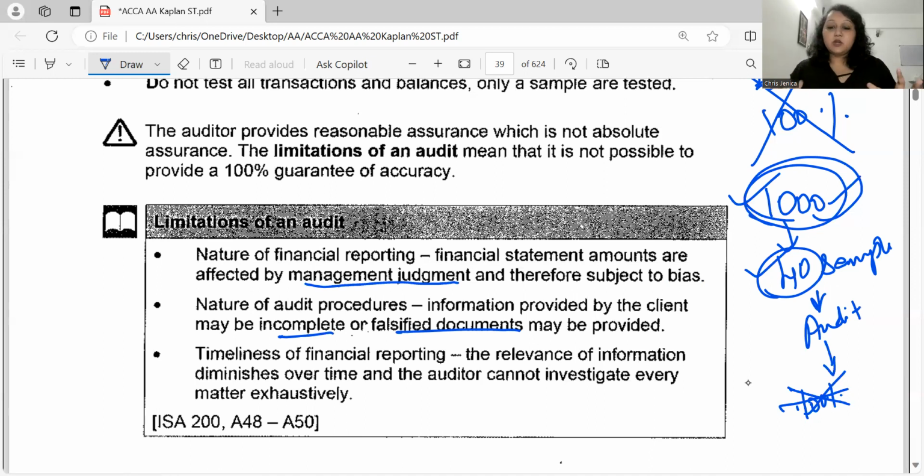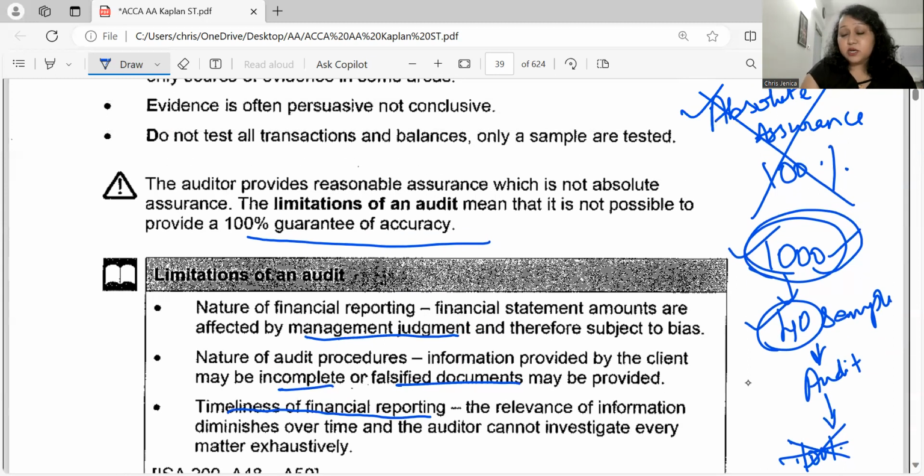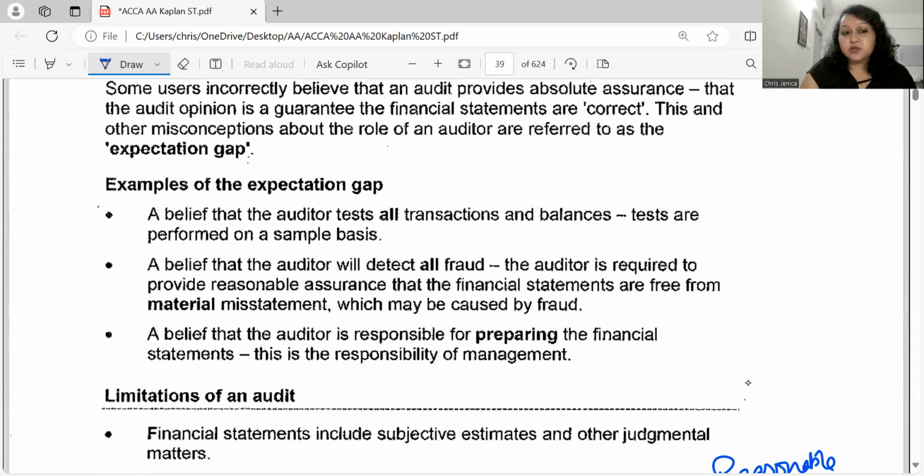And if there are timing differences, the relevance of the information could diminish. If some time passes by the time we get the information, its relevance could have diminished. That is the timeliness of financial reporting. So these can all be reasons why I cannot provide a 100% guarantee of the accuracy and reliability of the financial statements.